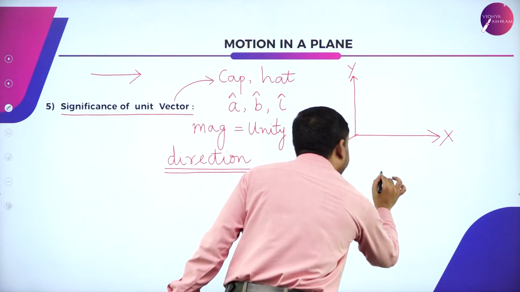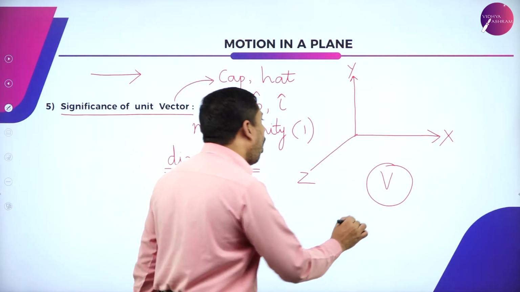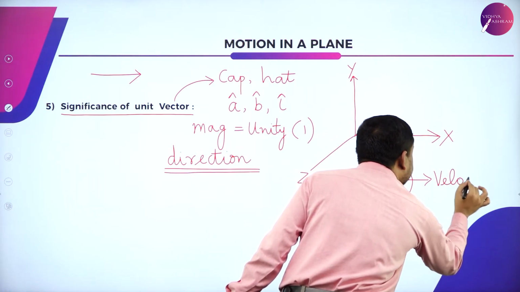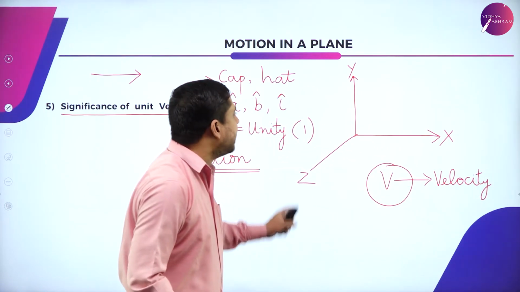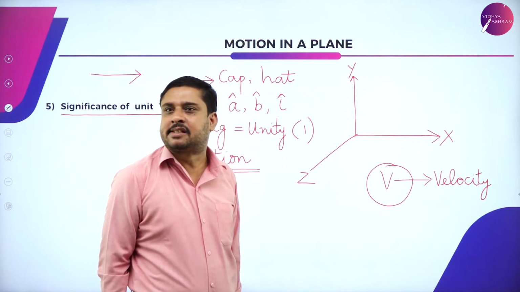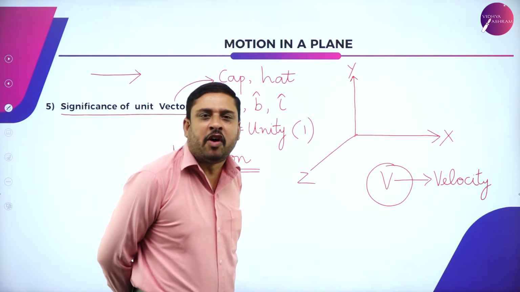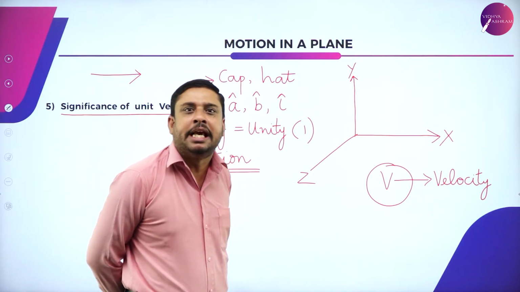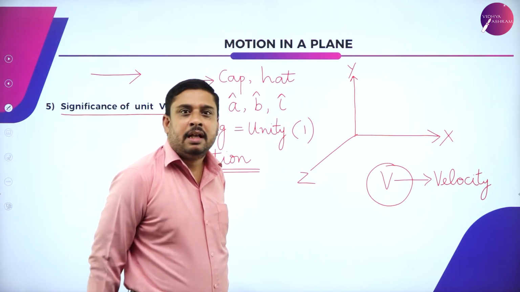Now I say, generally, a body moves with a velocity v in this Cartesian coordinate system. The velocity of a body in the given Cartesian coordinate system is v.